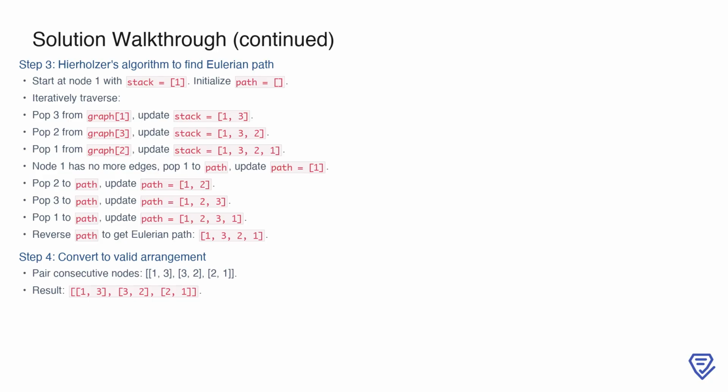We pop 1 from the stack and add it to the path, which is now [1]. We continue backtracking, popping 2 to make the path [1, 2], then 3 to make it [1, 2, 3], and finally 1 to complete the path as [1, 2, 3, 1]. Reversing this path gives [1, 3, 2, 1], which is the Eulerian path. Converting this path into consecutive pairs, we get [1, 3], [3, 2], [2, 1], which is the valid arrangement.